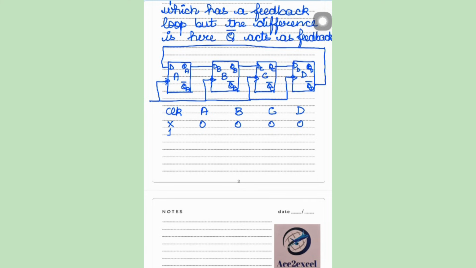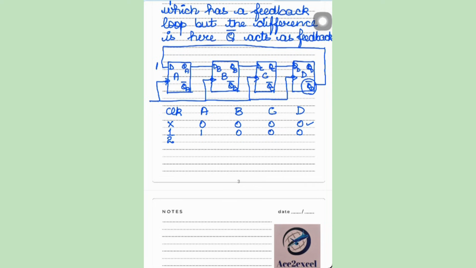When the first clock turns up, because feedback is connected with QD bar, D is 0, that means QD bar is 1, so 1 comes as input to flip-flop A. Because it is a D flip-flop, the output appears like this.